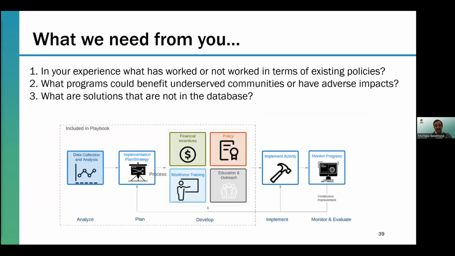Next, we think that the implementation playbook that'll be drafted as a result will be richer with your experience, knowledge, and input on what can better serve disadvantaged communities, but also research and development ideas for implementation and data collection, workforce training, education outreach.